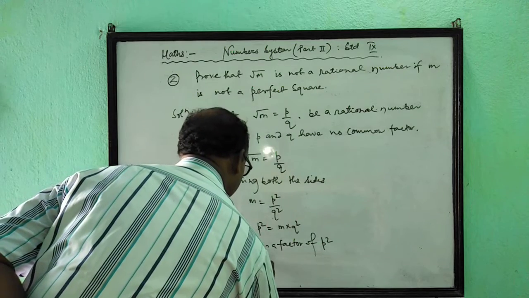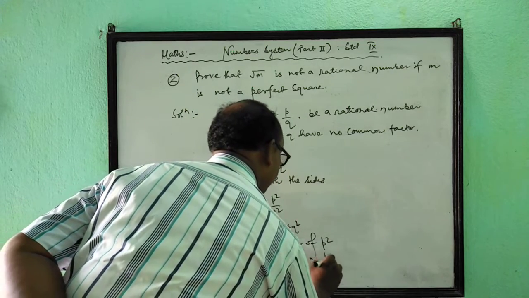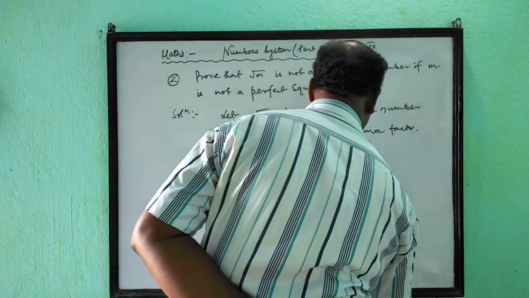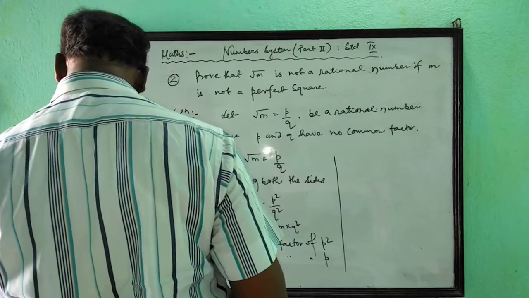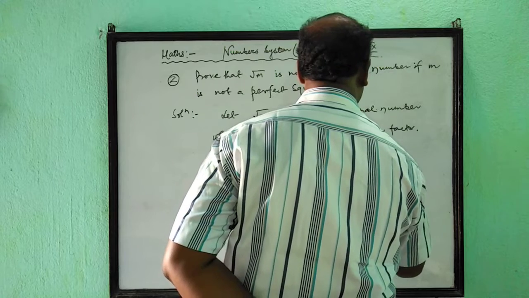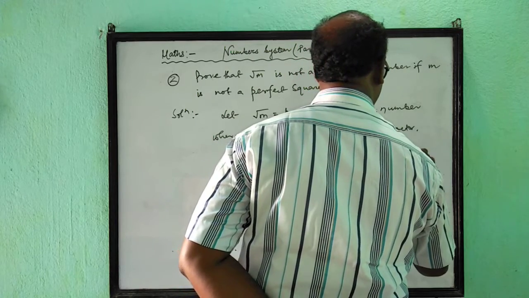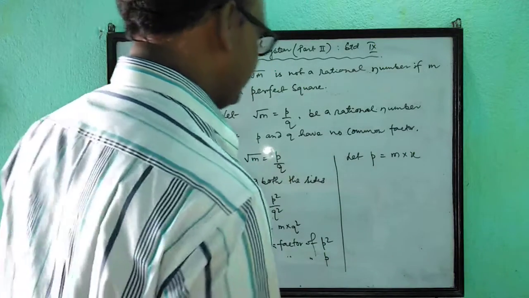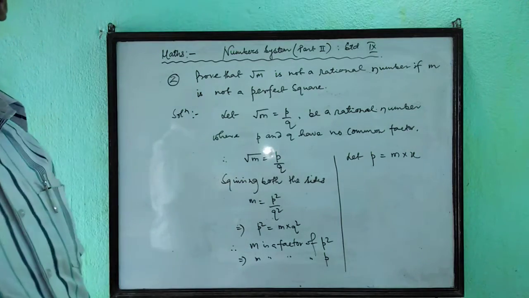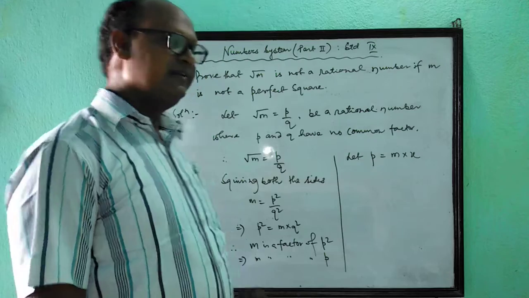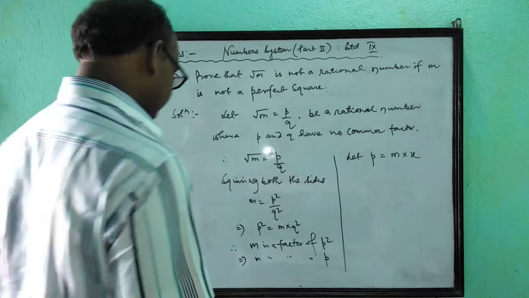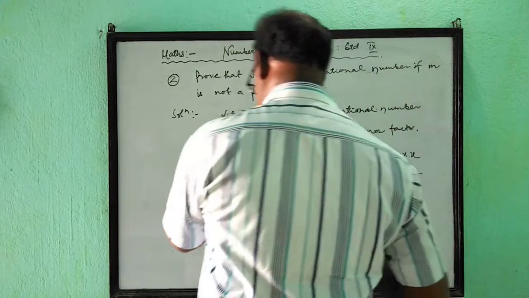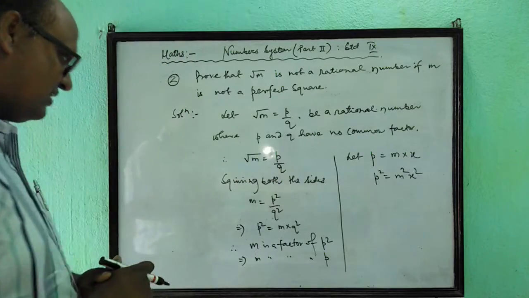This implies m is a factor of p also. So, let p equals mx. Since m is a factor of p, we can assume p equals mx, where x is some integer. Therefore, p square equals m square x square.